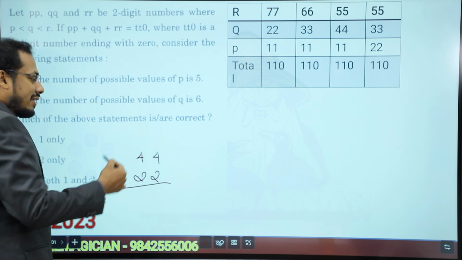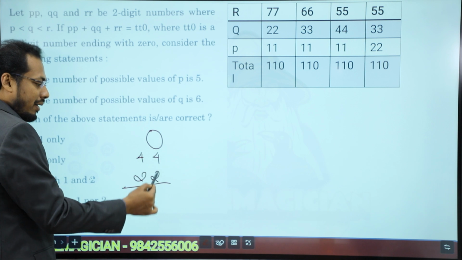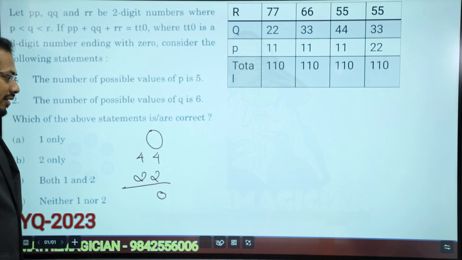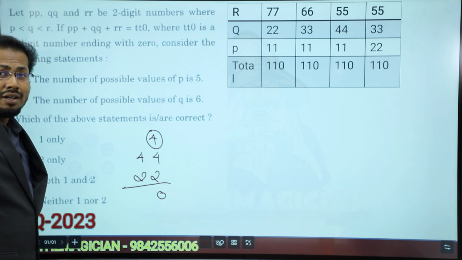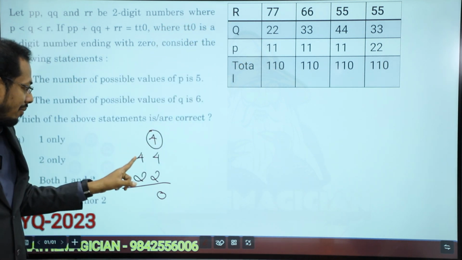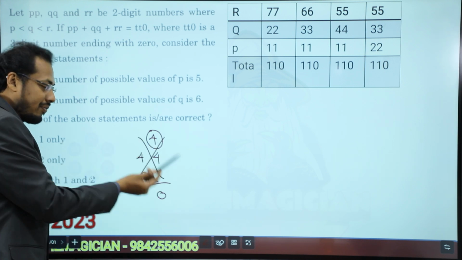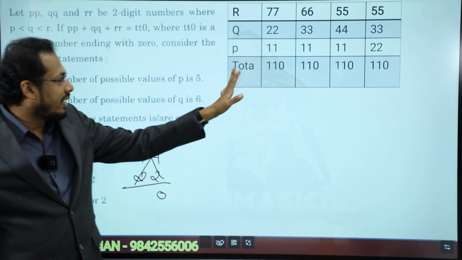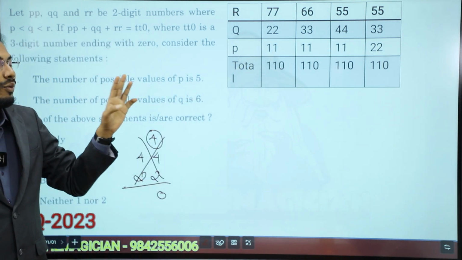What number do I need to add? The same number, 4, 5, 6. Here I need to add one number, I need 0 here, right? Again if I take 4, then only I get 0, but that is not possible, that is a different number. R is a different number. The same number should not be taken, right? So that is not possible. This is the only order. 1, 2, 3, 4 combinations are there ending with 110.